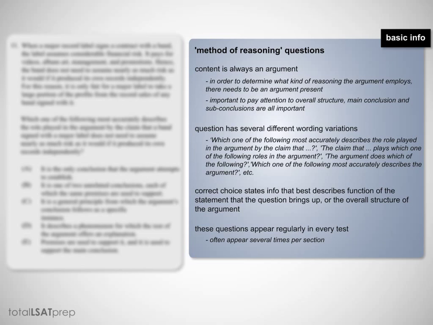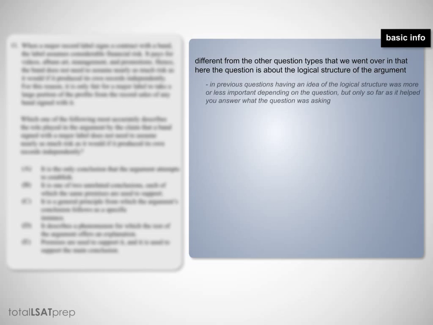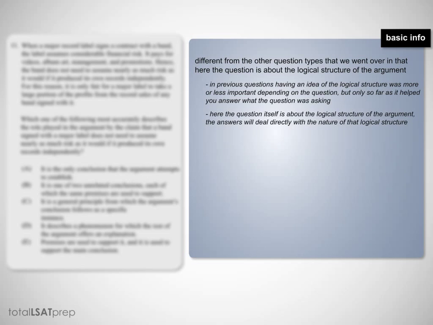Now, this question type is different from the other question types that we went over, in that here the question is about the logical structure of the argument. In the previous questions, having an idea of the logical structure was more or less important depending on the question, but only so far as it helped you answer what the question was asking, and only insofar as it helped you understand the argument better. Here, the question itself is about the logical structure of the argument.